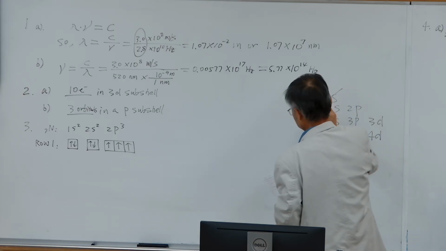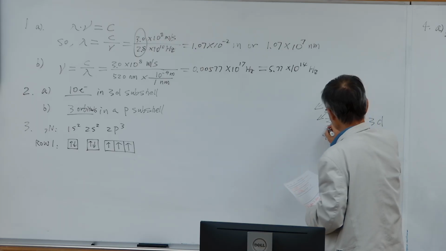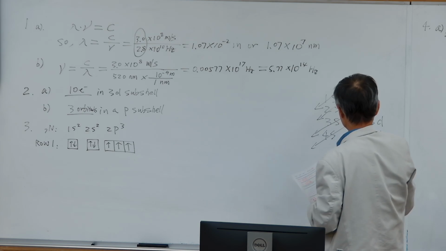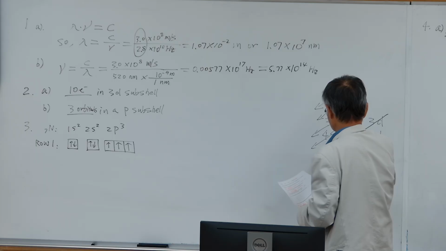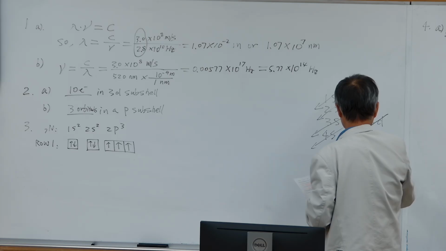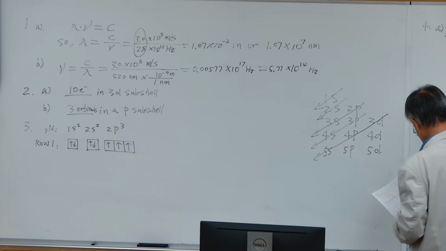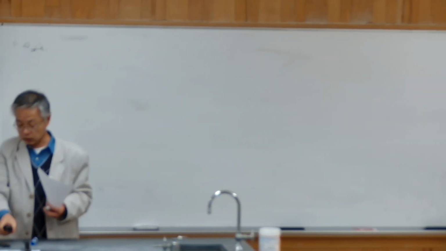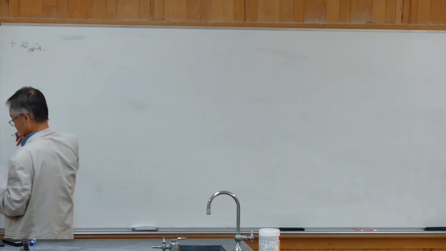So fill in 1s first, then 2s, then 2p followed by 3s, then 3p followed by 4s, then 3d followed by 4s, then next is 4p, then 5s, 5p, 5d. All right, so we need to understand this chart.